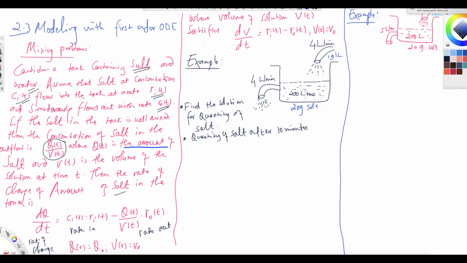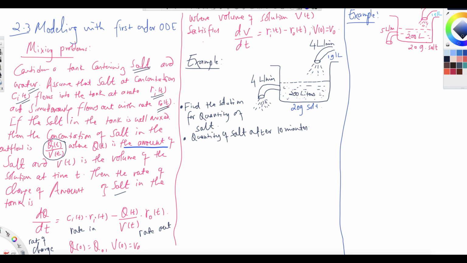So this rate of change is rate in minus rate out, where Q(0) is Q0 and V(0) is V0, and the volume V(t) satisfies dV/dt equals R_in minus R_out.